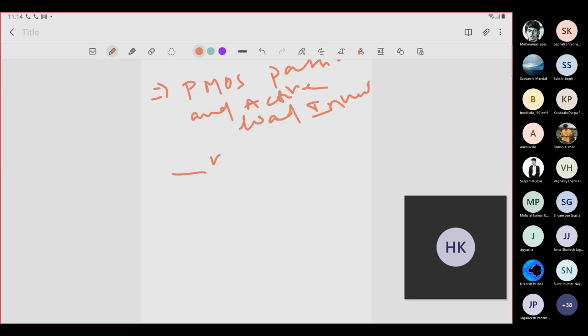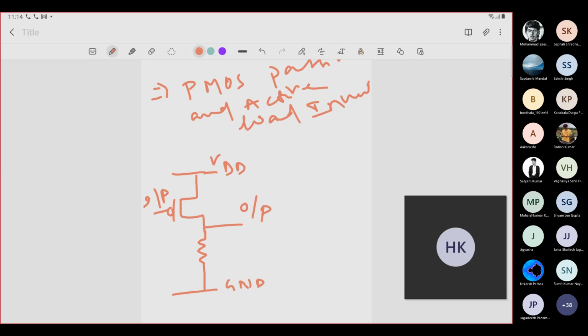You will have a VDD and a ground, and the PMOS circuit is like this. You will get your input, and you can get your resistor like this, and you can take the load here as the output.